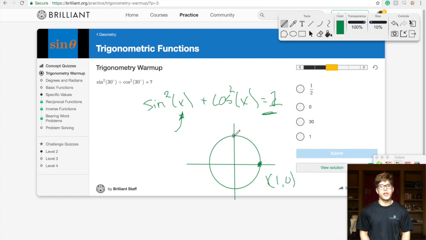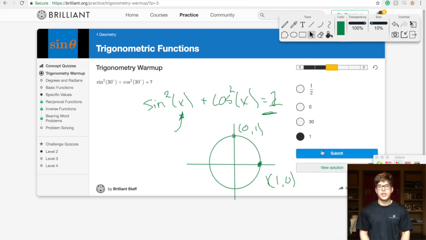This point up here is 0, 1. And whenever we square our sine and cosines, we're going to get the value of 1. You could also solve this by using Pythagorean's theorem on a right triangle. If you would like to see that proof, let me know in the comments down below, and I'll definitely get it to you. But this answer must be 1. All right.